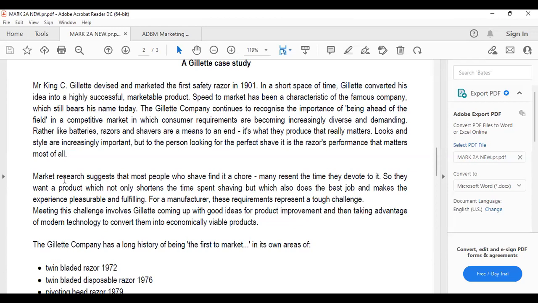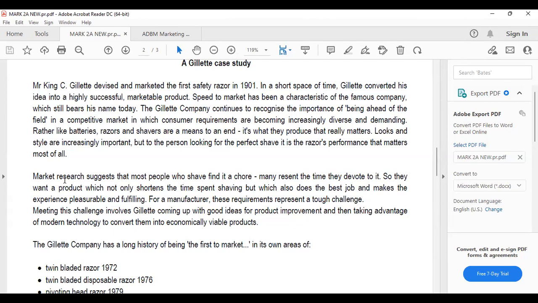But let's keep on going. Now let's look at the maturity stage. One of the characteristics of the maturity stage is intense competition, because it is where there is the peak of the sales, which means a lot of people are buying the product, which attracts a lot of competitors.